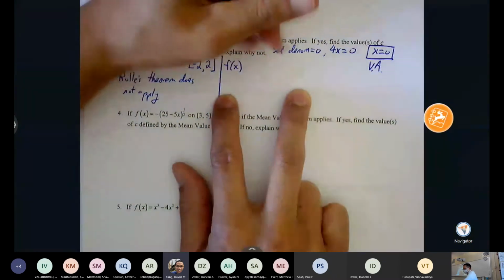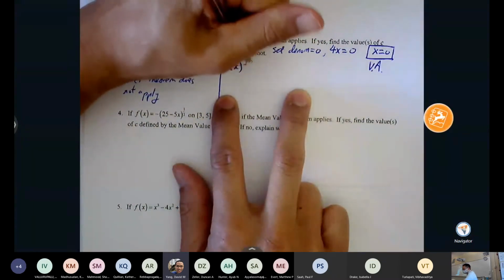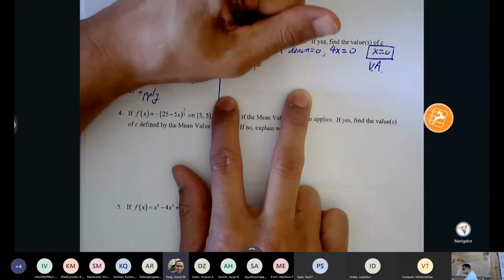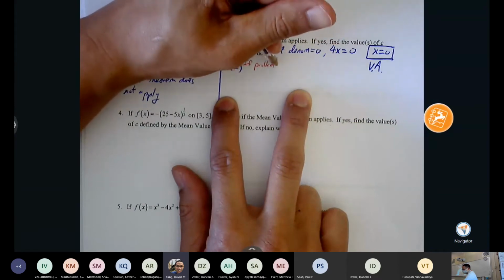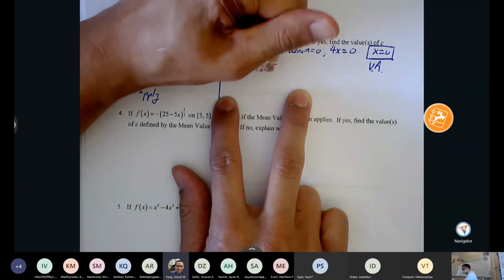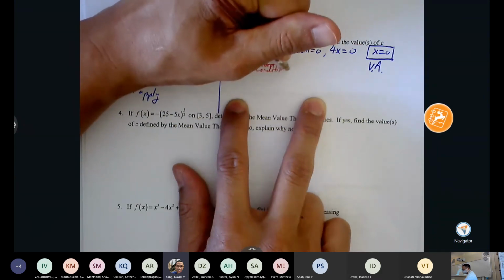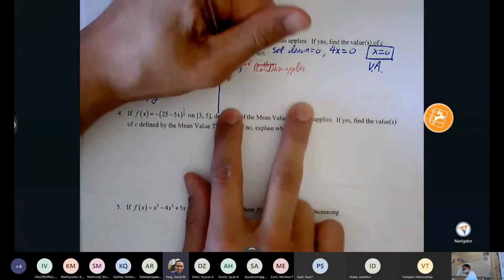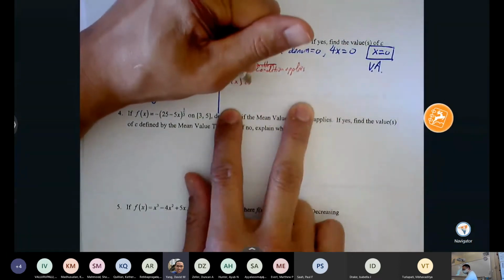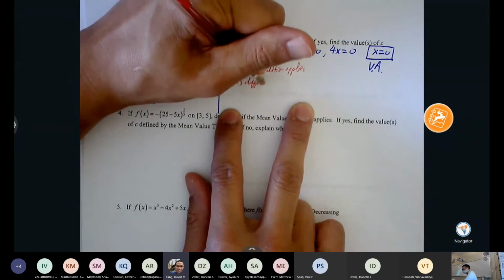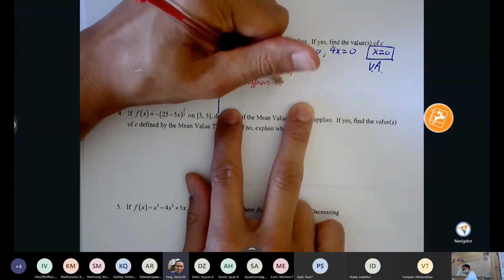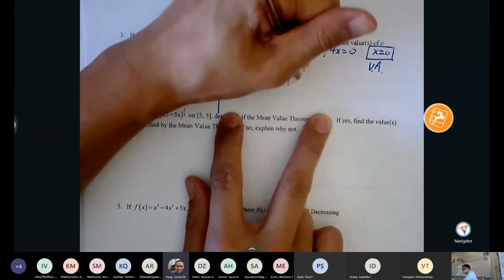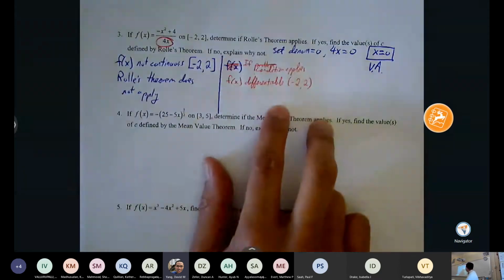So if conditions apply, you can go ahead and state that second condition, which is our function is differentiable from -2 to 2 using parentheses.